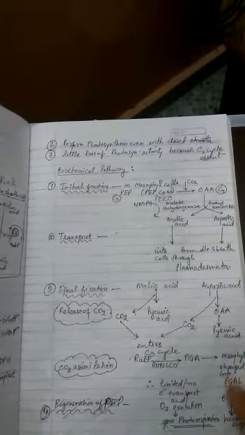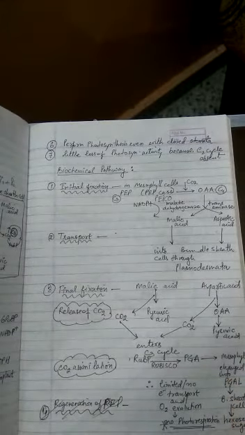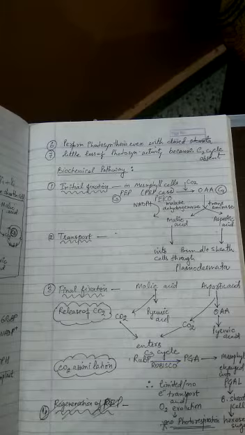And another important point is that they continue to perform photosynthesis even when their stomata are closed. Whenever stomata are closed, remember C3 plants will stop photosynthesis, but C4 plants have the ability to maintain carbon dioxide concentration in the bundle sheath cell for a longer time.